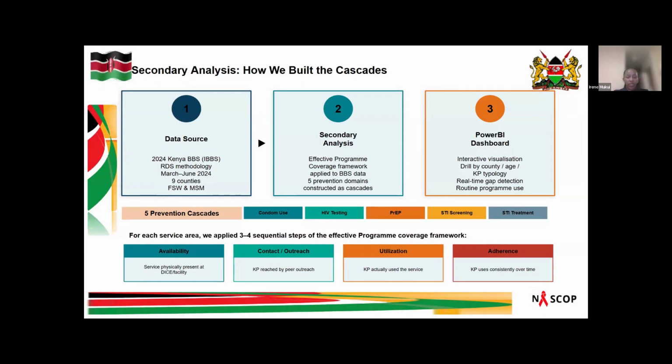We looked at 5 prevention areas, that is condom use, HIV testing, use of pre-exposure prophylaxis, STI screening and STI treatment, although we had a lot of limitations with the kind of data that was collected for the STI components, and therefore we acknowledge some limitations. And we looked at the 3 different steps, and I think to some extent we've looked at adherence, although we had gaps in the data for measuring adherence. Next slide.